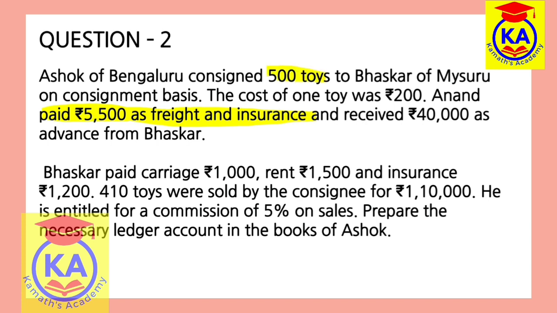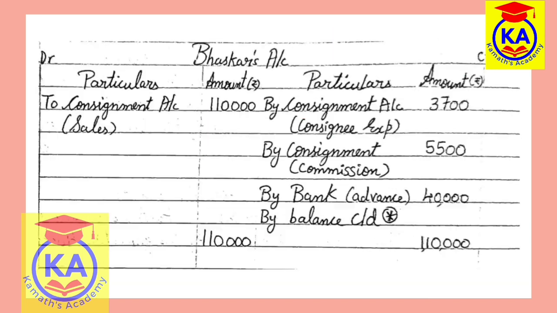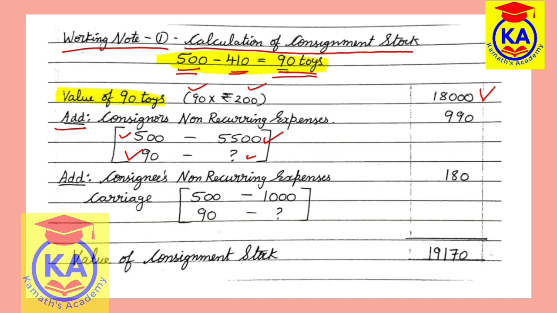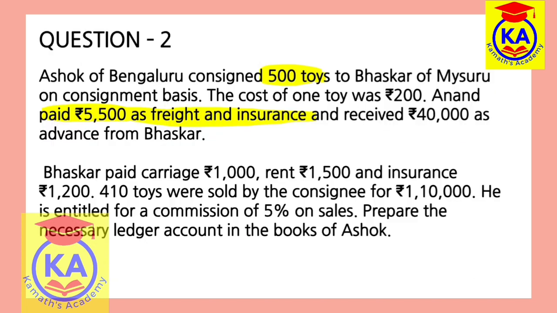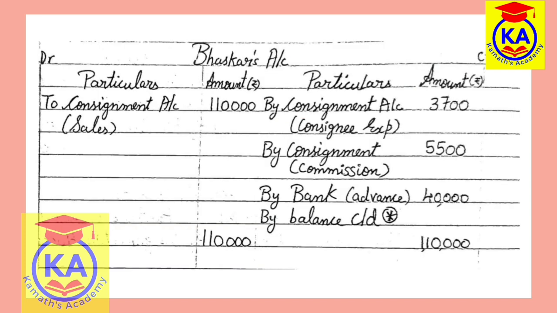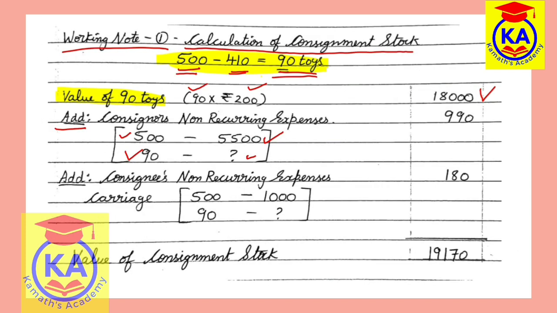For 500 toys you have spent, right? 5,500 rupees you have spent for 500 toys. Now how many toys are left in the godown of the consignee? Only 90. So for 90 toys, how much expenses did you incur for freight and insurance? You have to see.